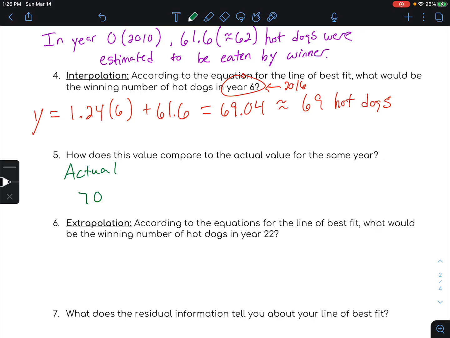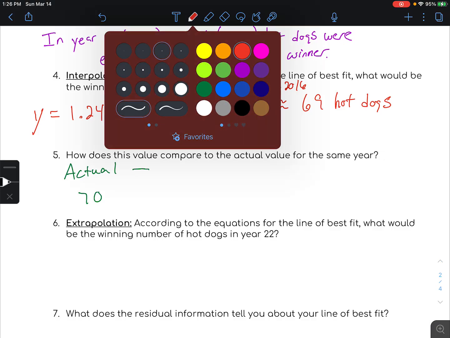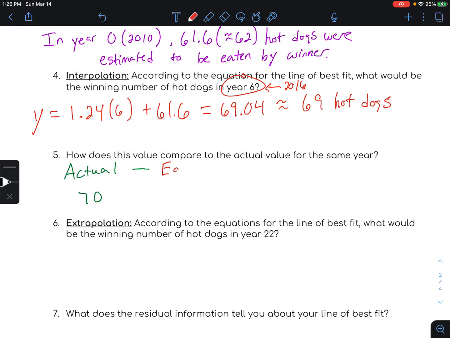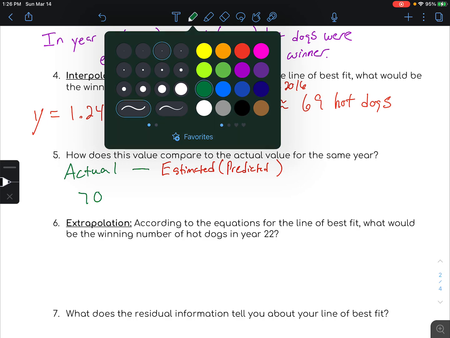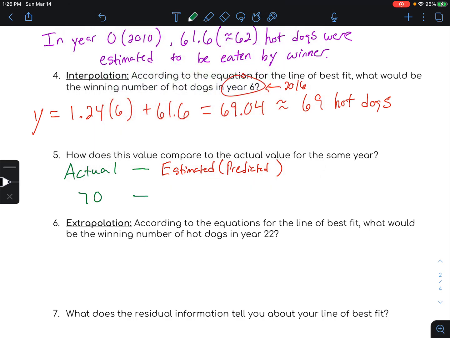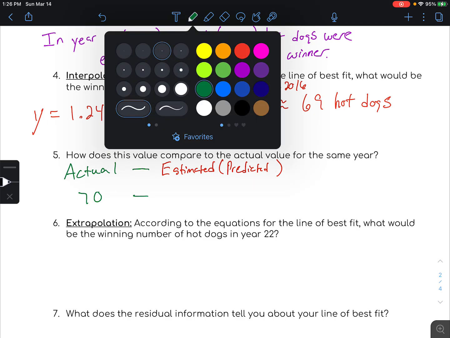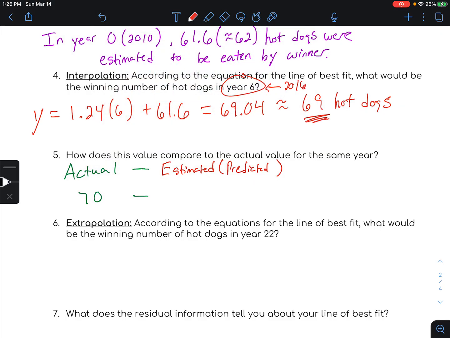So when we talk about residuals, we do actual minus the estimated or the predicted. Of course, you know the difference between 70 and 69. That is a very small difference, but let's just show that here. So the estimated was from the previous problem 69.